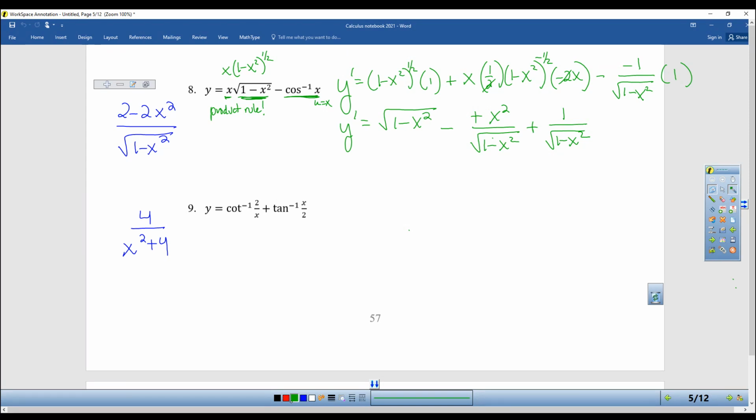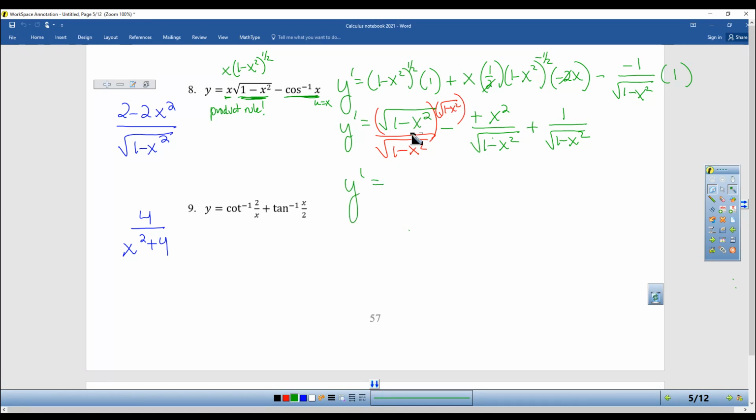And I'm going to put all three of them together by multiplying this one on the top and the bottom by the square root of 1 minus x squared. Now I'm going to have a common denominator for all three of them.